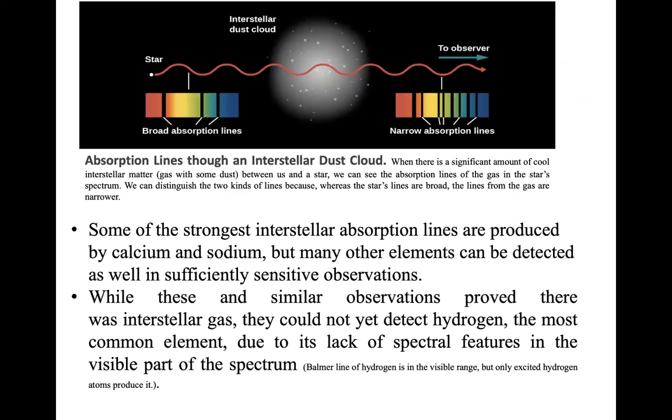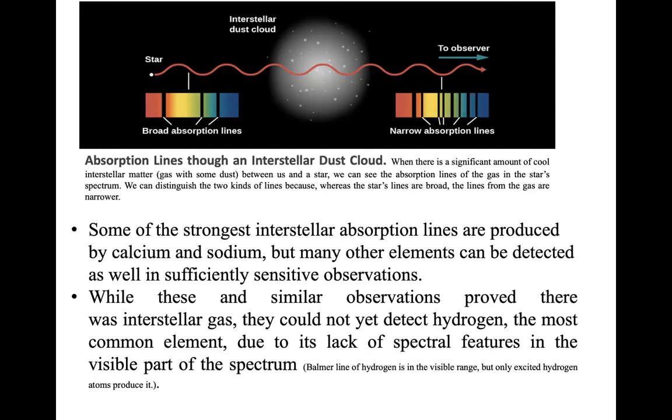Interstellar matter is widely available, so it's hard to avoid when you observe something from Earth. So the light travels through the interstellar cloud. When there is a significant amount of this cool interstellar matter, which means basically the gas and dust, they are sitting between us and a star.